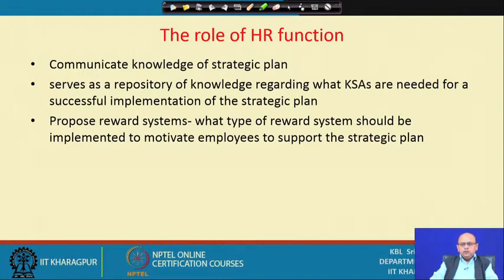So, you need to ensure as an HR professional that you are able to develop those competencies which are required in order to execute a strategy and implement it at the operational level.